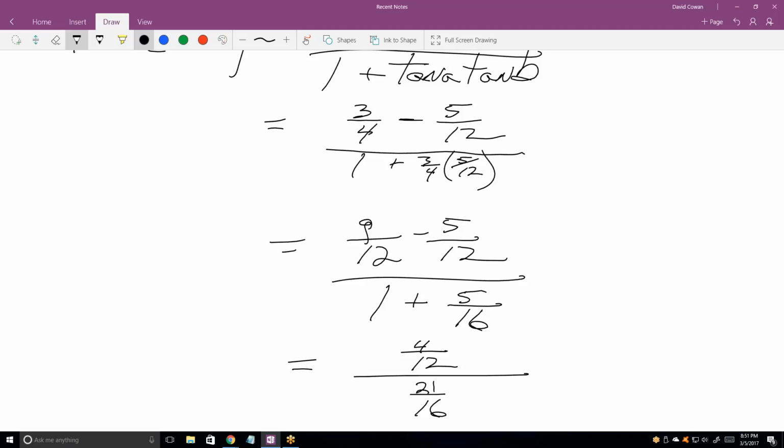Now you flip and multiply, so we got 4/12 times 16 over 21. If I divide that by 4, that becomes 3, and that becomes 4.